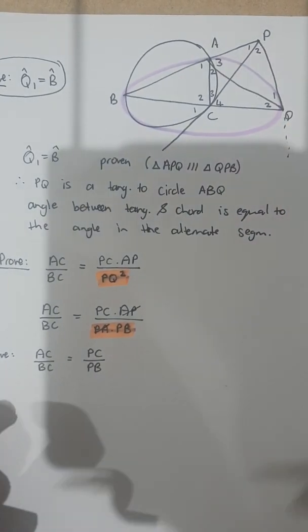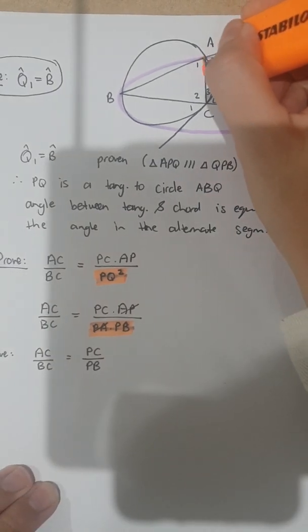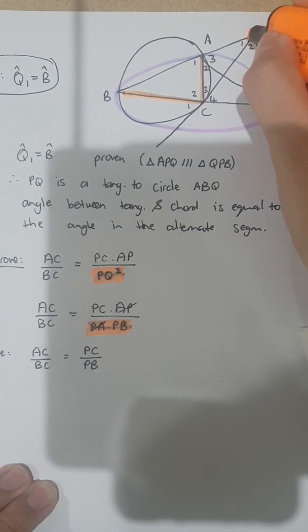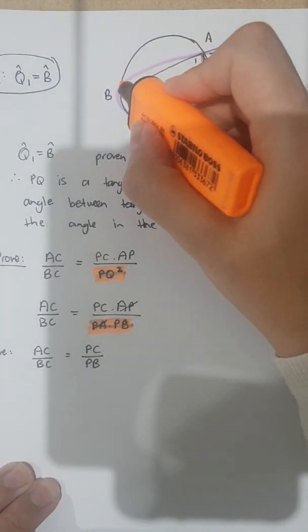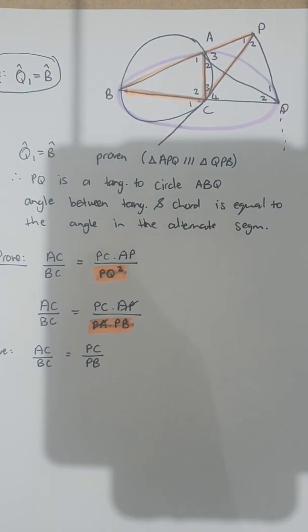So let's go to our triangle. AC is here. BC is here. PC is here. And PB is there. Do you see those two triangles that we have to use?